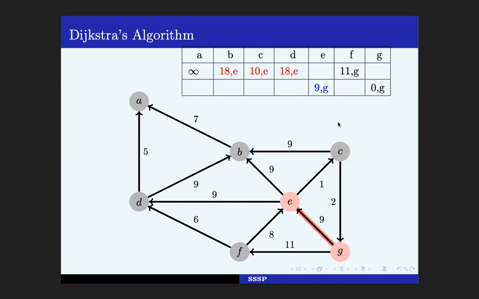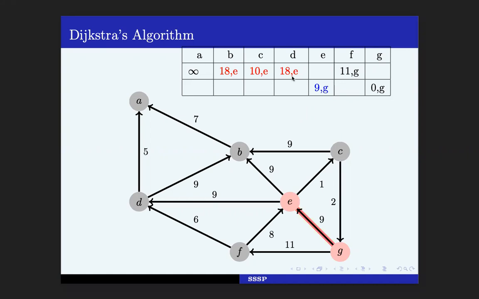So what can you say? What is the shortest time distance between G and C? So we have to take the minimum. Yes, minimum of what? Here we have to take 18, 10, and 18.